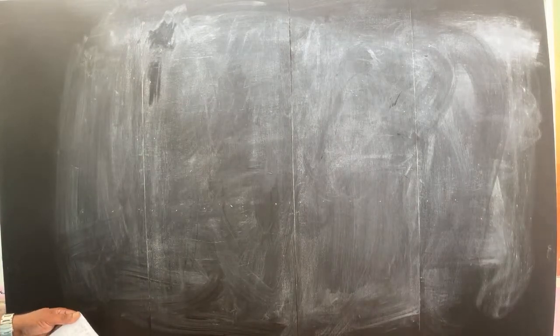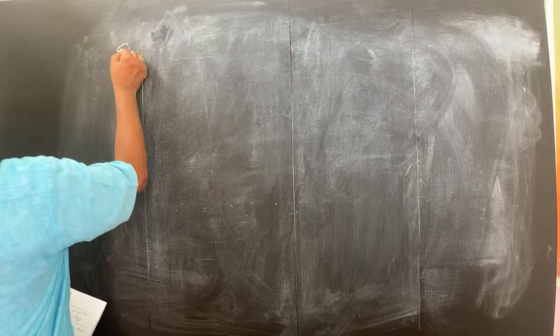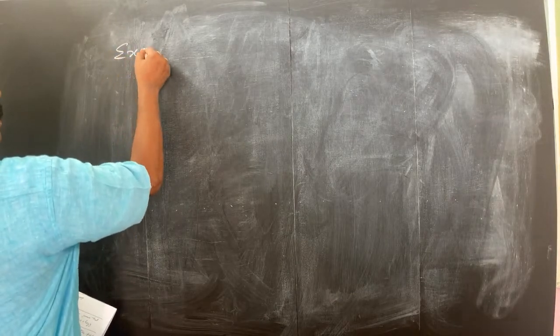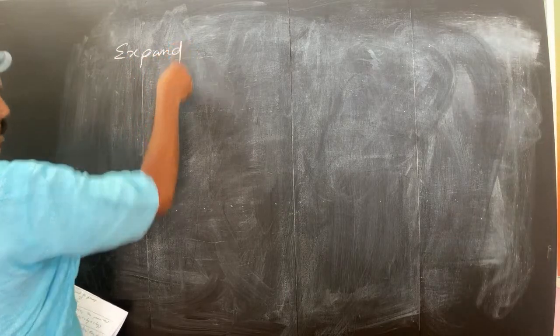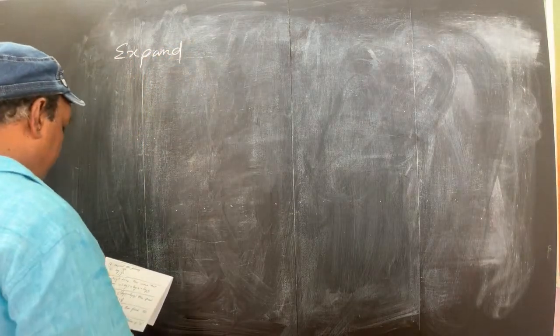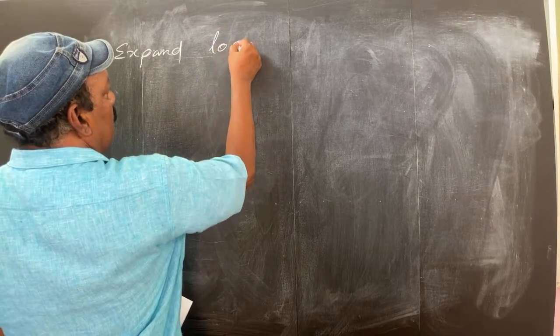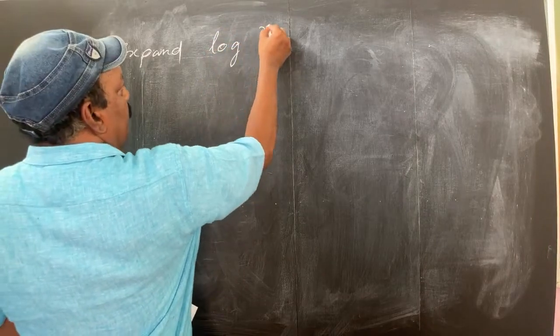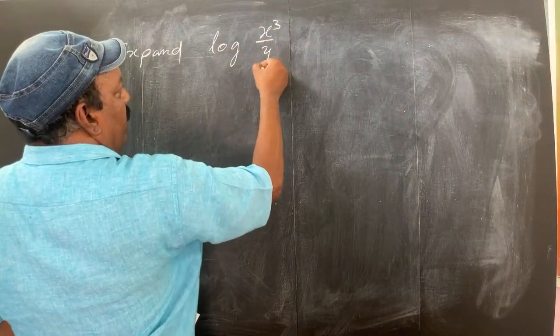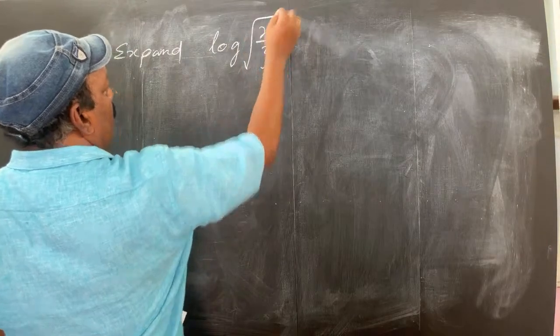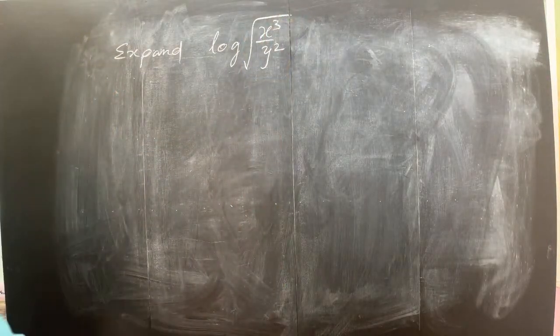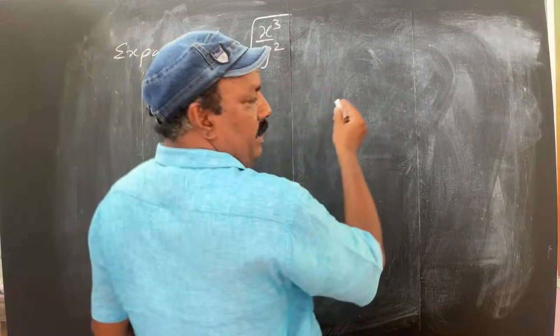Next, a few important problems in logarithms you are going to do. Expand log of the square root of x cube and y square. How to solve this problem, very sincerely: here one interesting point is there.